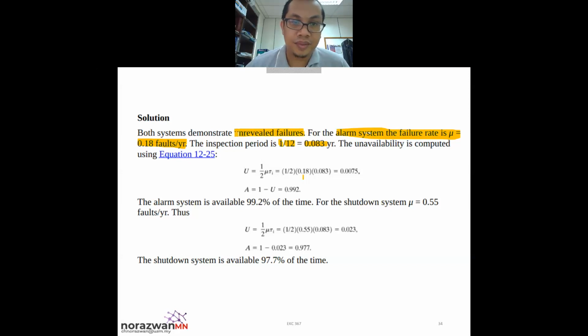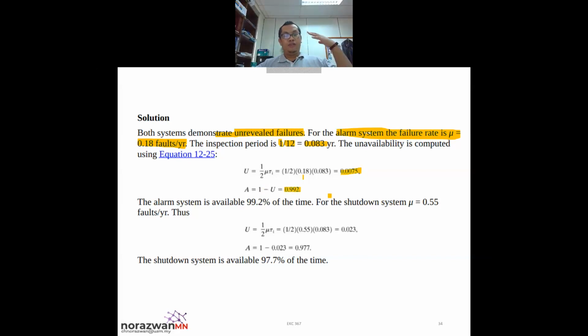So when the statement says unrevealed failures, you need to use the equation for unrevealed failures. So mu is 0.18, inspection is 0.083 per year. The unavailability is computed using this equation. So you got your U and your A.